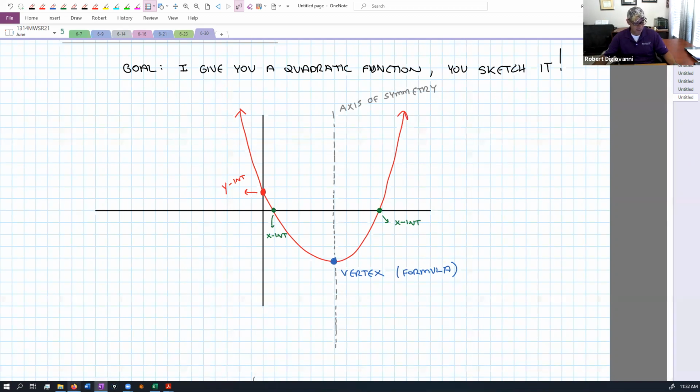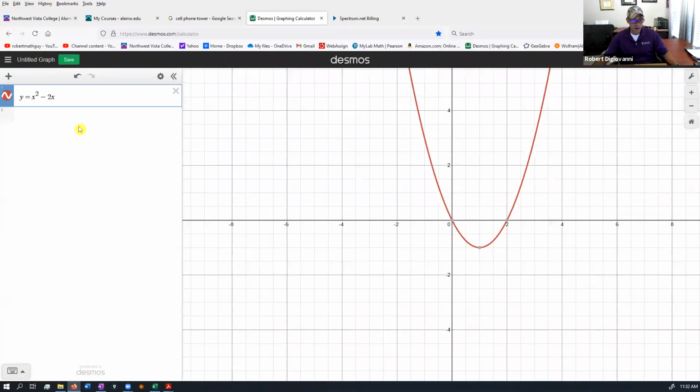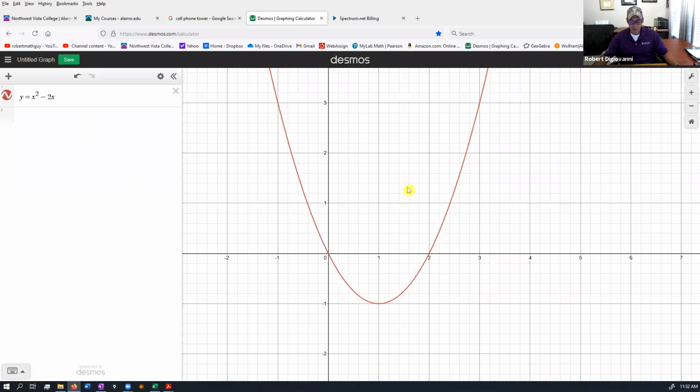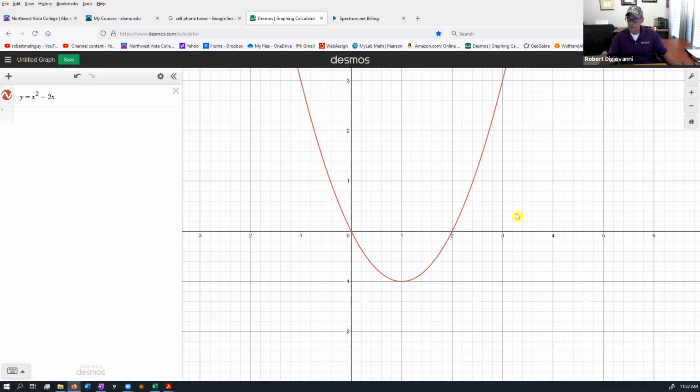I'm going to go back to this graphing software. Does everyone agree? Look at that picture right there. Does everybody agree that this parabola has a vertex? Yes, it has a vertex. Okay, there it is. Does it have x-intercepts? Yes, it hits here and here. Does it have a y-intercept?